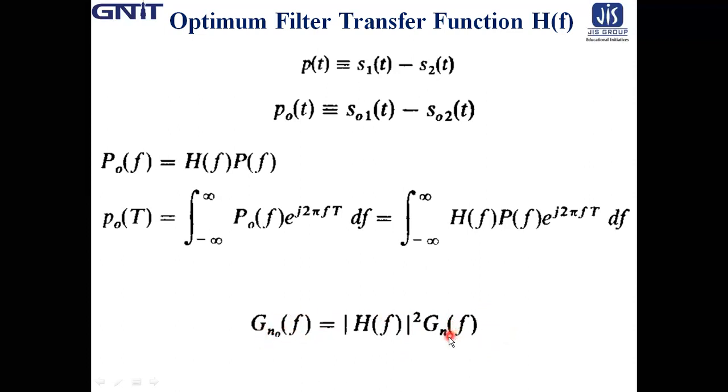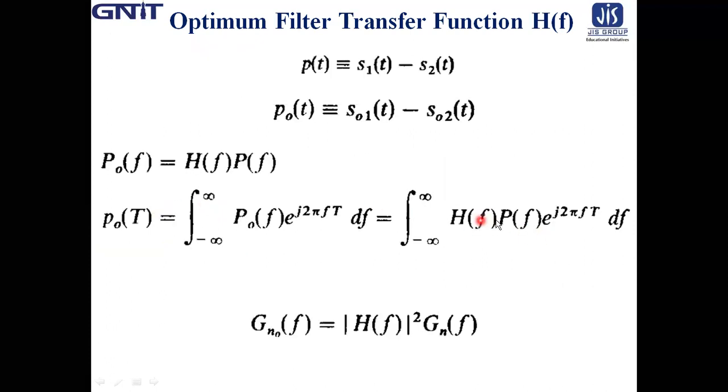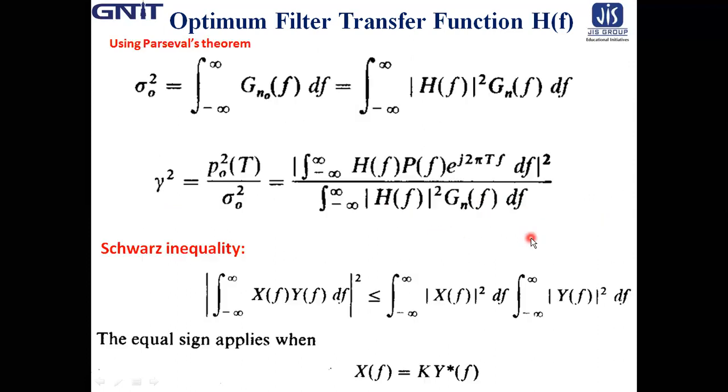Gn(f) and Gn0(f) are the input and output power spectral densities. So gamma square equals p0 square(t) by sigma 0 square: the numerator is the mod square of the integral of H(f) P(f) e to the power j 2 pi ft df, and the denominator is the integral of Gn(f) df.